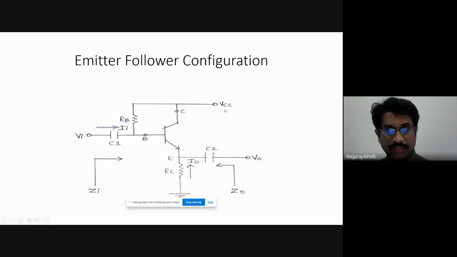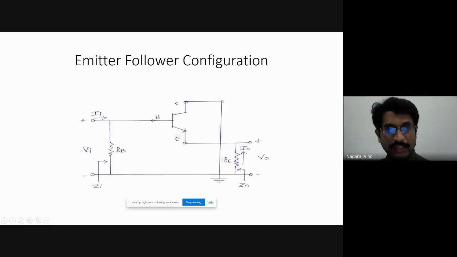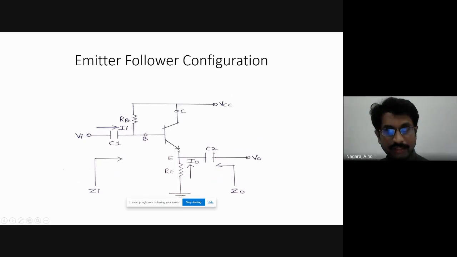Therefore, in this circuit, RB is connected between the base terminal and ground. Then what about the emitter part? RE is connected between the emitter terminal and ground.